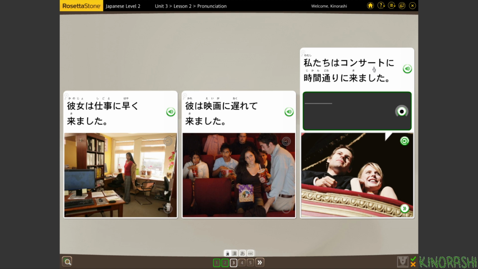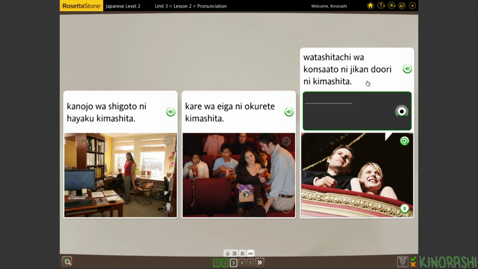Oh, that's right. Ji, the symbol used in time usually. Kan, used in hour. And then dori can mean exactly sometimes.